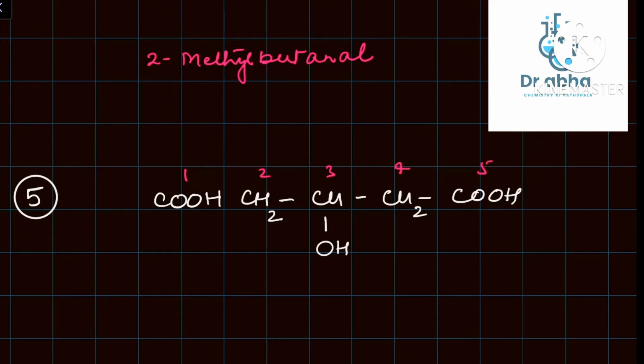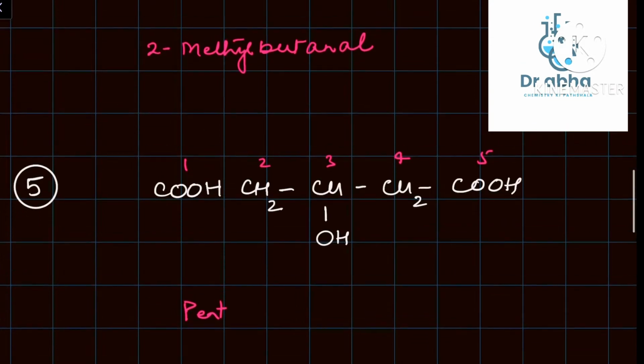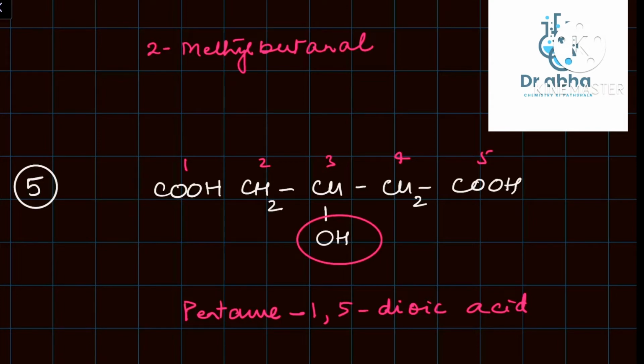So this is 5 means pent, pentane 1, 5 dioic acid, and on 3 this is hydroxy. On 3 we have hydroxy. So 3-hydroxypentane-1,5-dioic acid, right?